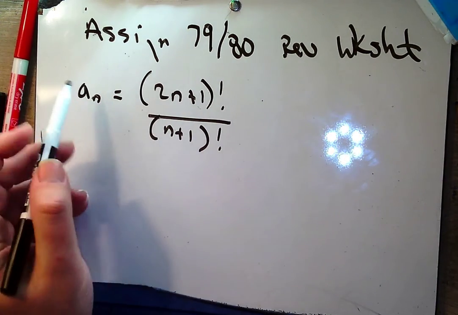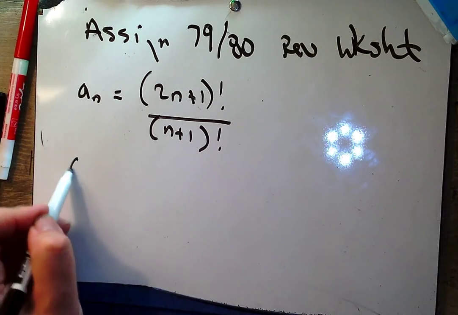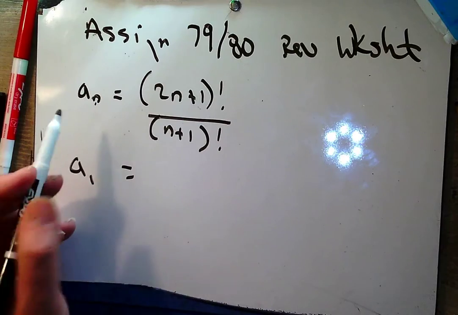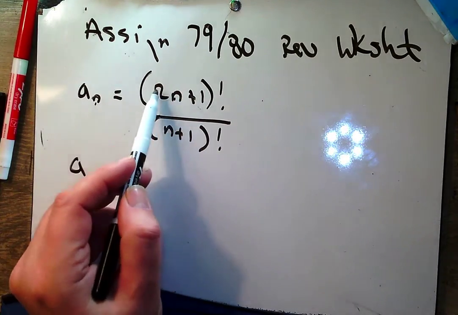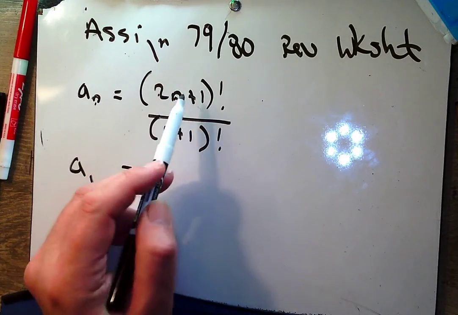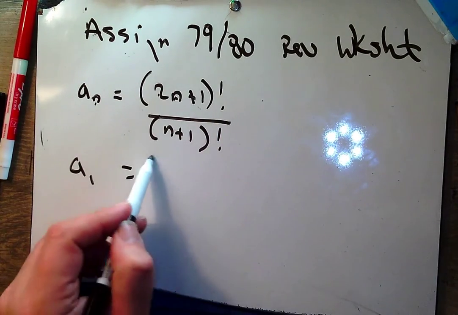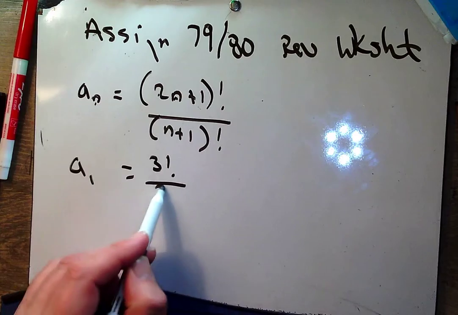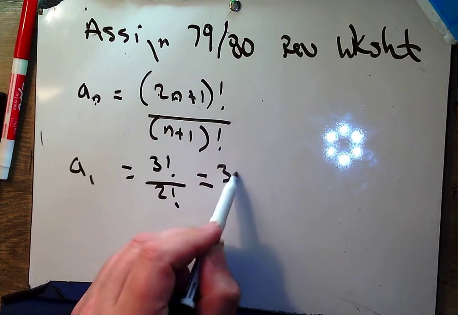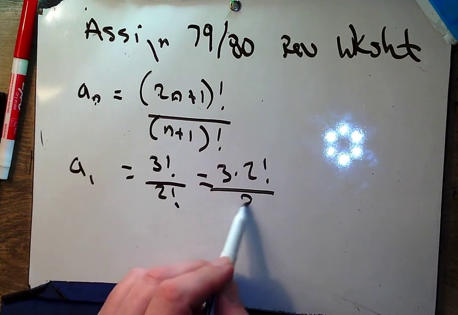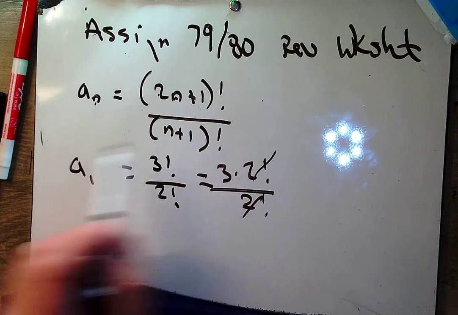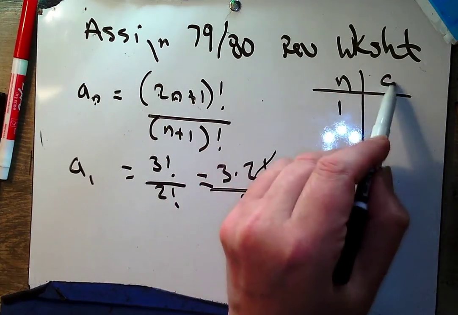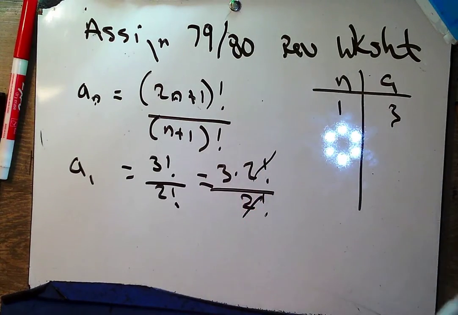Okay, so we're supposed to find the first 5 terms, so I want a sub 1, which means I replace n's with 1. 1 times 2 is 2, 2 plus 1 is 3, 3 factorial. And then 1 plus 1 is 2, I have 2 factorial on the bottom. So 3 times 2 factorial over 2 factorial, and I get a sub 1 is 3.